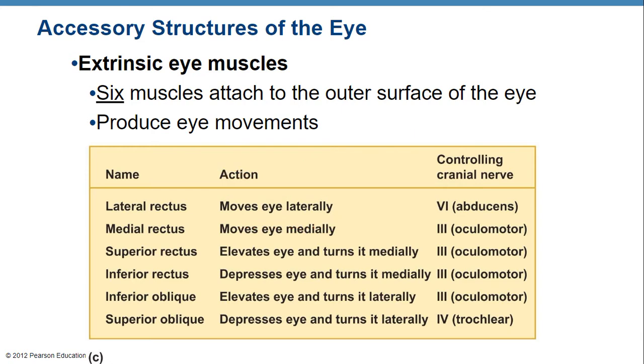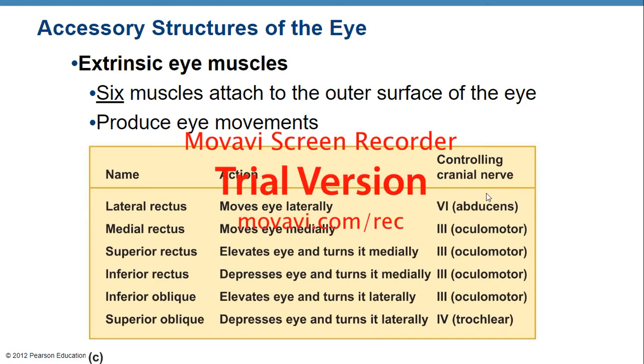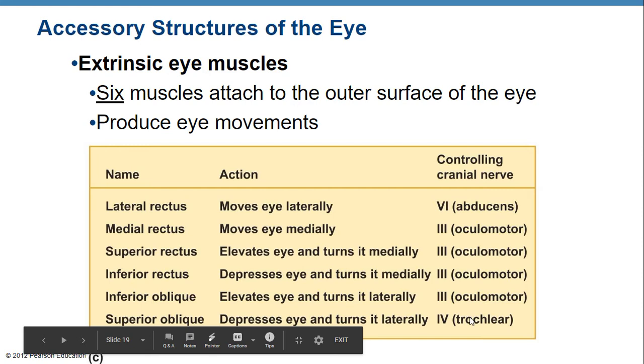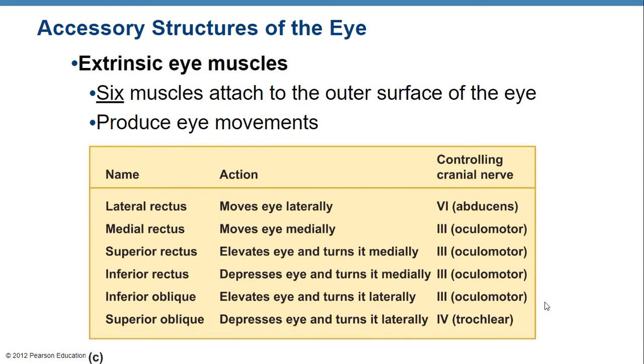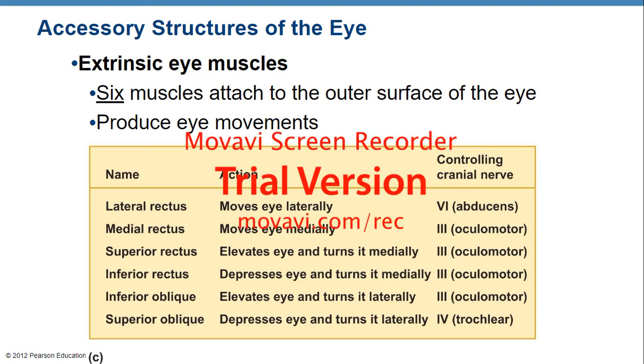And then the nerves that control the actions of the muscles. So lateral rectus is controlled by cranial nerve 6, the abducens nerve, and then superior oblique is controlled by the trochlear, cranial nerve 4, and then the rest of the muscles are controlled by cranial nerve 3, the oculomotor nerve.